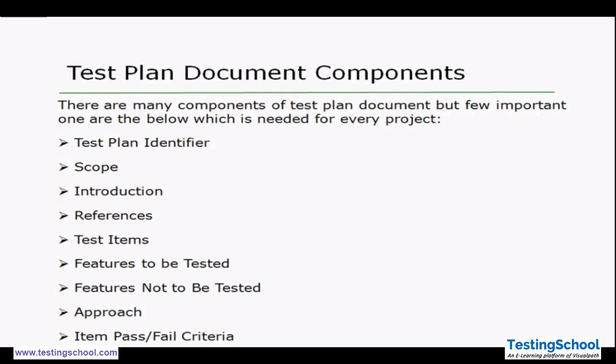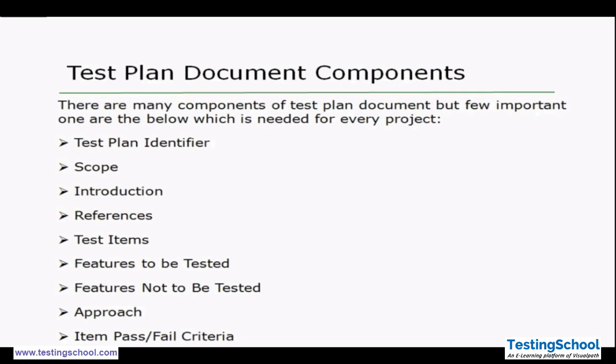We have to write the reference of that particular document here in the test plan. Then the test items: what you are going to test in this application, which module you are going to test. We will mention the test items in this particular component.